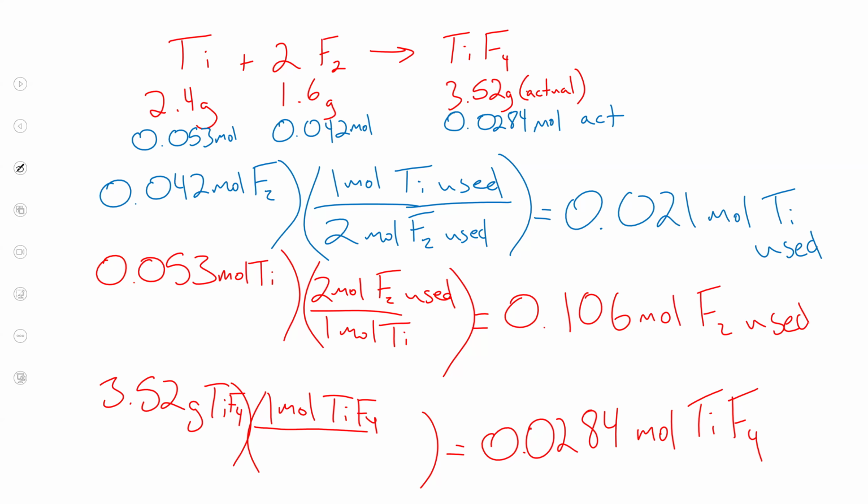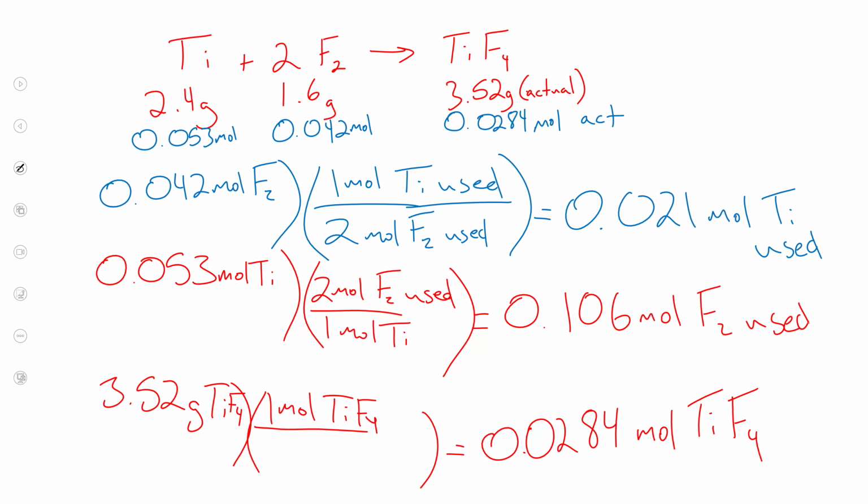To use up all my titanium, I would have to use 0.106 moles of fluorine. Do I have that? No. In order to use up all my hamburger patties, I need 100 hamburger buns, and I only have 42. So this isn't what runs out first.